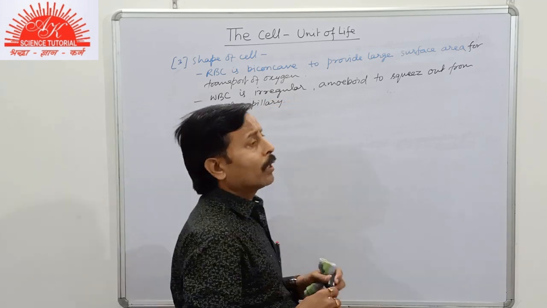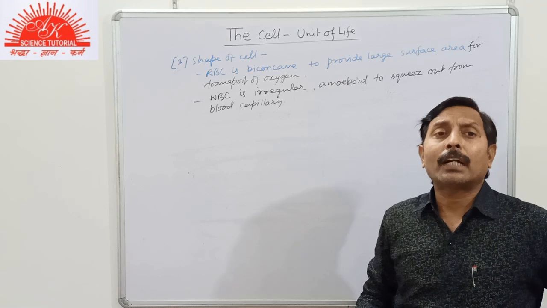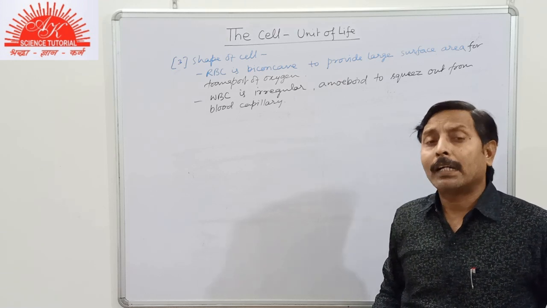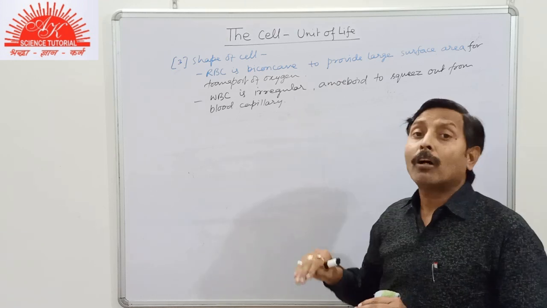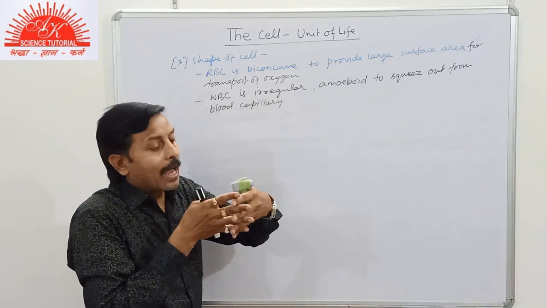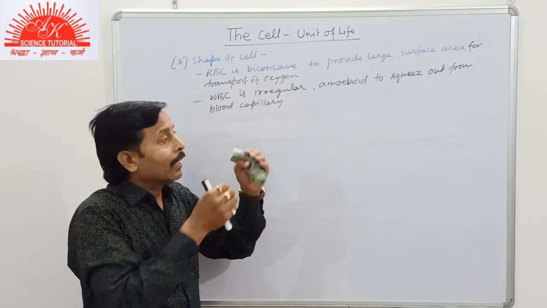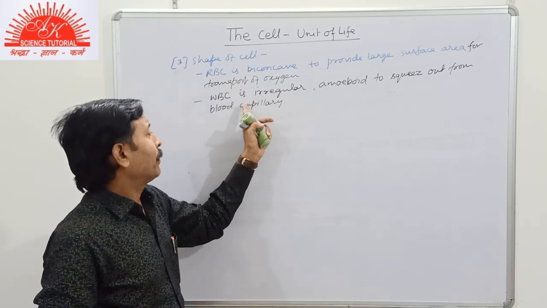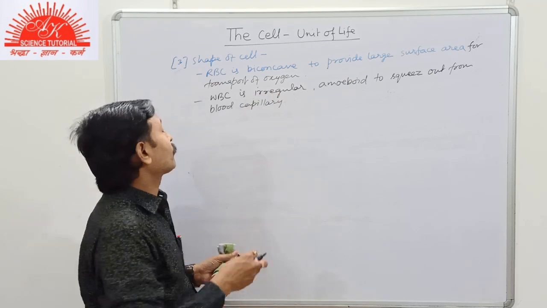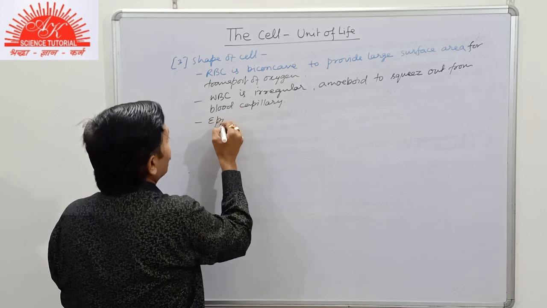As we know, WBC is the cell in the blood which is capable of killing the germs. So WBC squeeze out by making pseudopodia through its wall, and when squeezed out it will be capable of killing the germs.